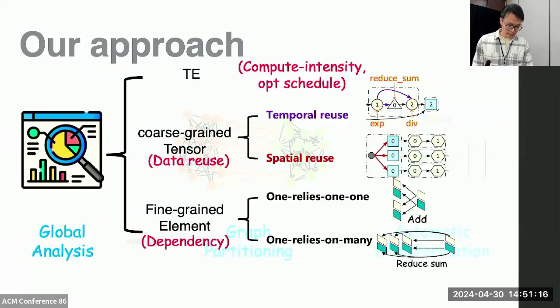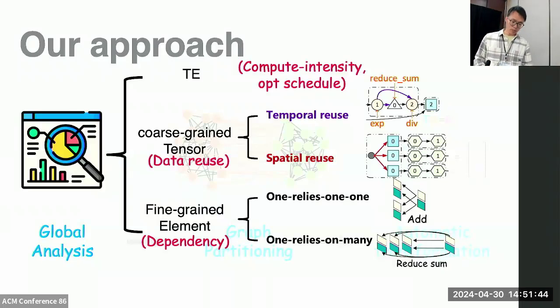Secondly, we analyze the fine-grained element-wise dependency. Our key observation is that the intra-tensor-expression data dependency falls into two categories. The first is one-relies-on-one, which means one element of the output tensor only relies on one element of the input tensor.